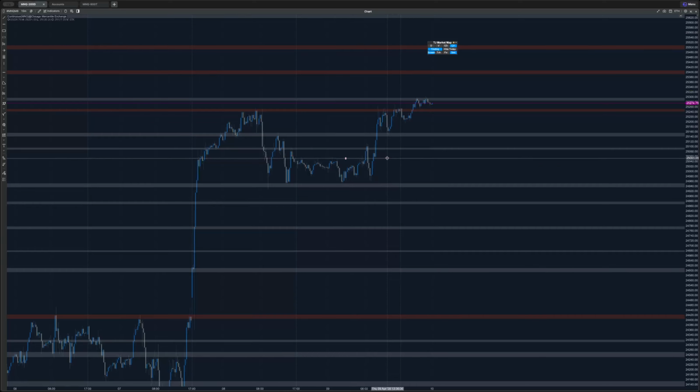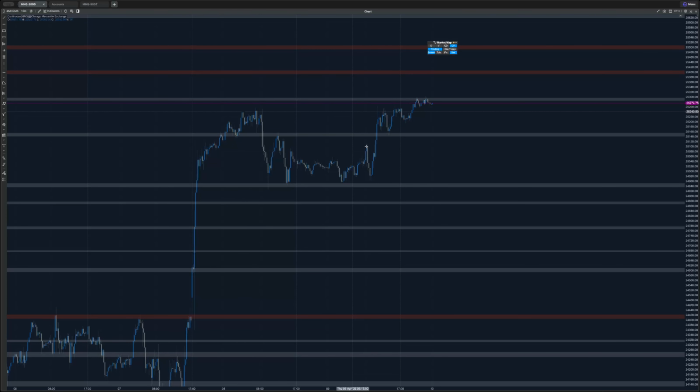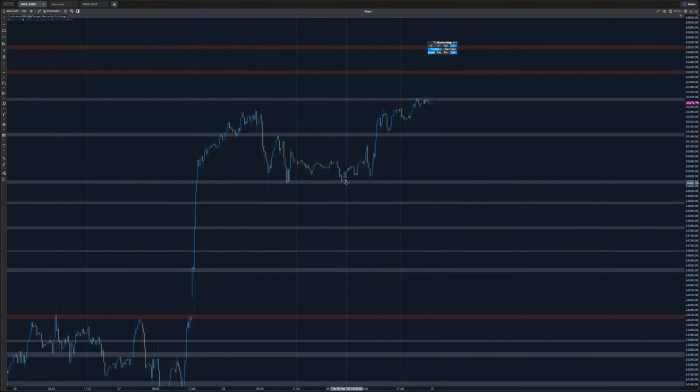I'm going to remove all of these except the ones where I see they worked quite well. This one is the low of yesterday and the low of the day before. I would say that one deserves a little change, and we've seen it in the review of the market yesterday as well. They could have been a little bit higher.